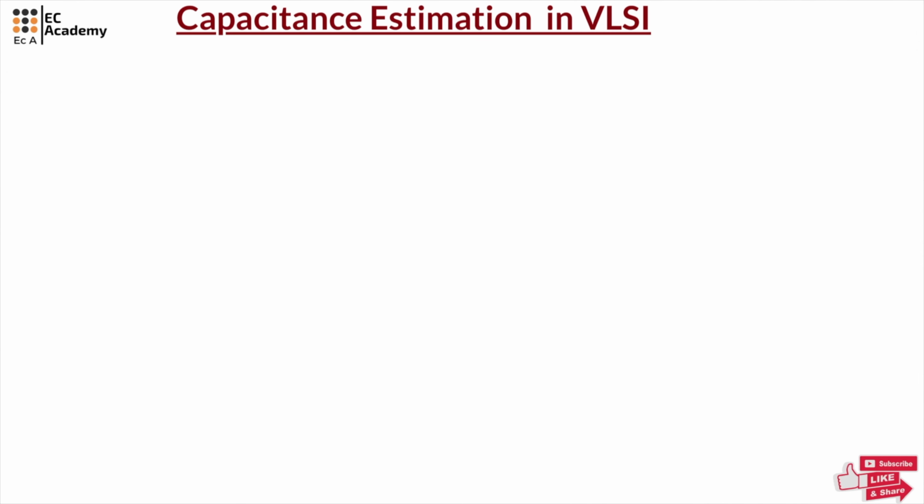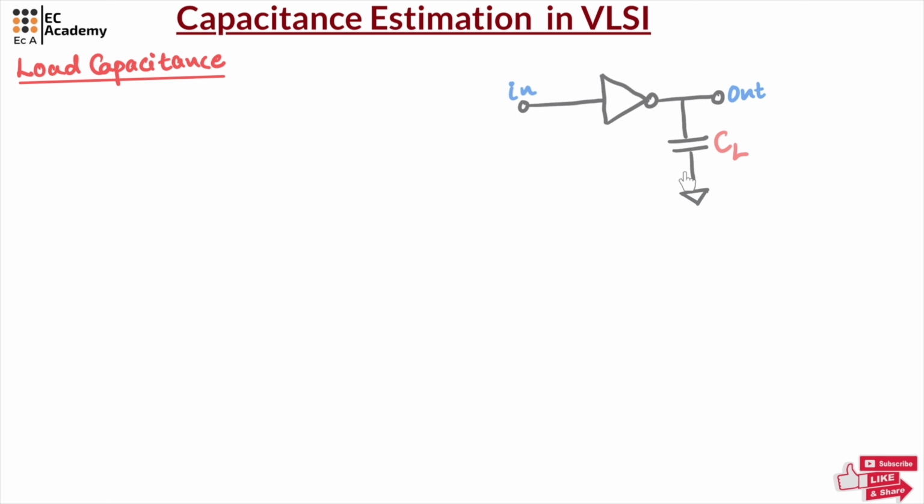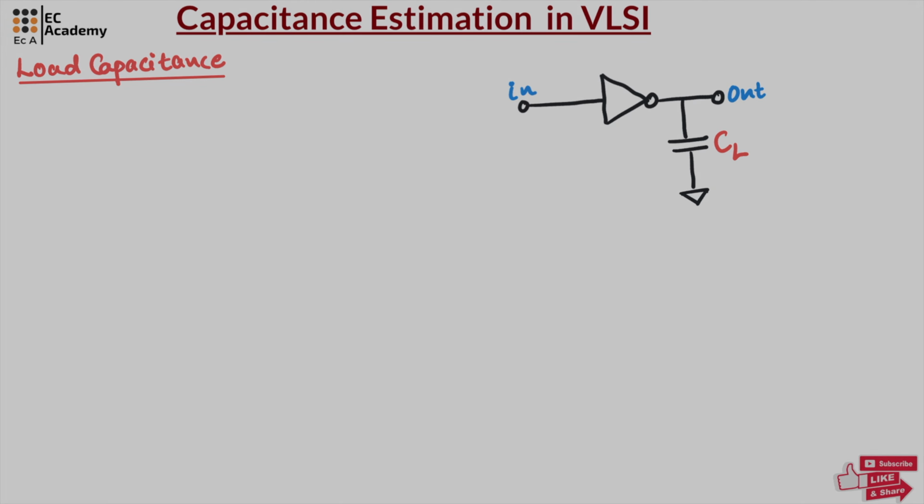In this lecture, let us understand capacitance estimation in VLSI design. First, let us understand load capacitance. Whenever we have an inverter or a CMOS gate, the total load capacitance at the output is called CL, and this load capacitance is the sum of three main capacitances.